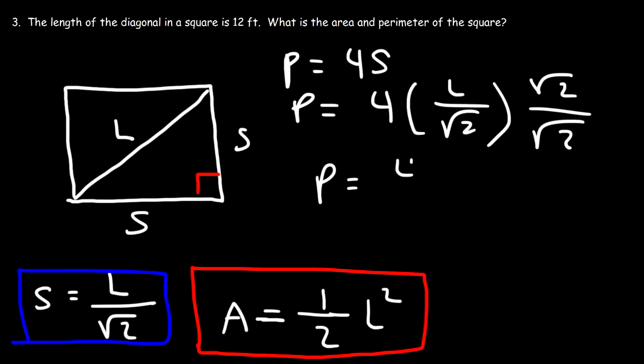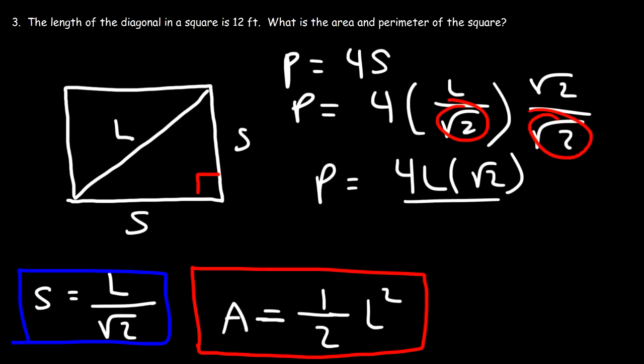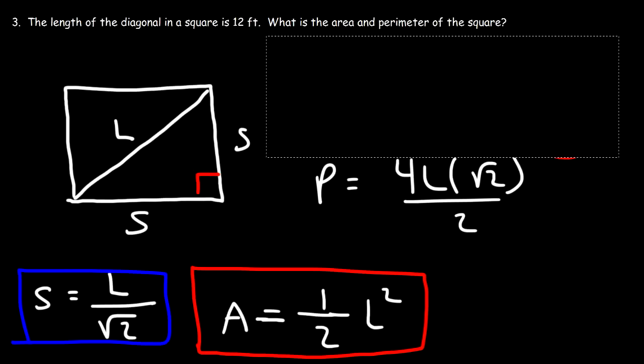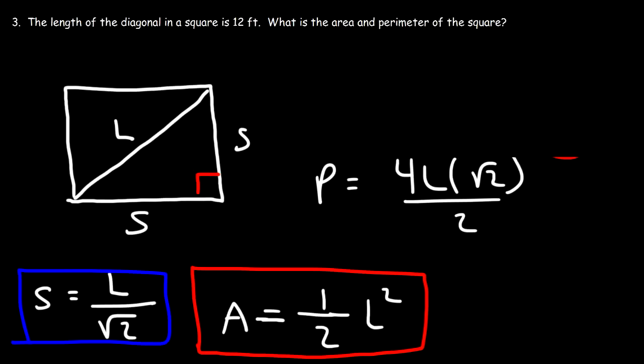So on top I have 4L times the square root of 2, and on the bottom the square root of 2 times the square root of 2, that's the square root of 4, which is 2. And now 4 divided by 2 is 2. So you could simplify these, replace that with a 2.